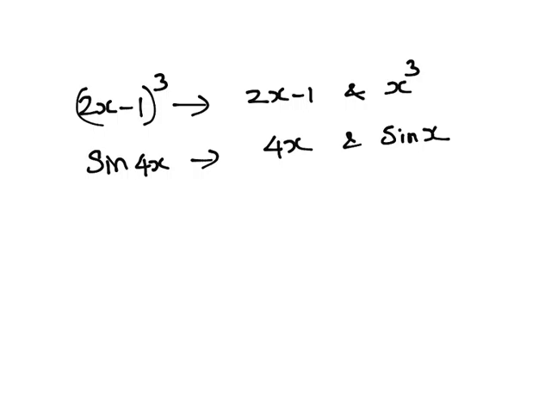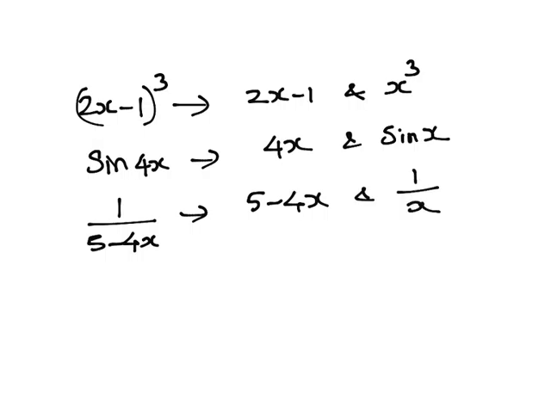Let me consider 1 by 5 minus 4x. This is a combination of 5 minus 4x, which is a linear function, and 1 by x, which is a reciprocal function. Let me take another example: e power 2x plus 5.